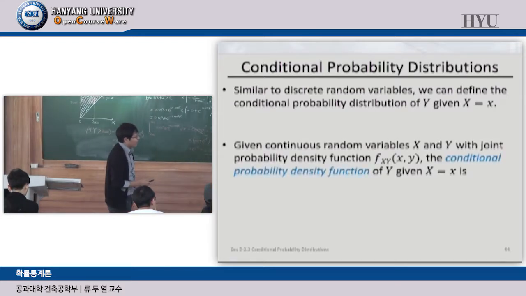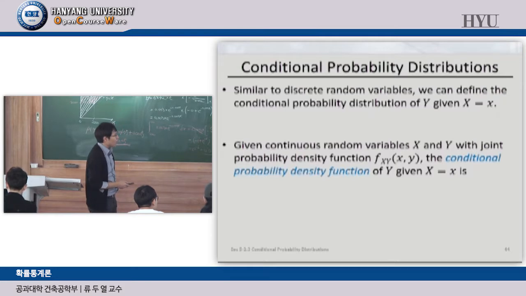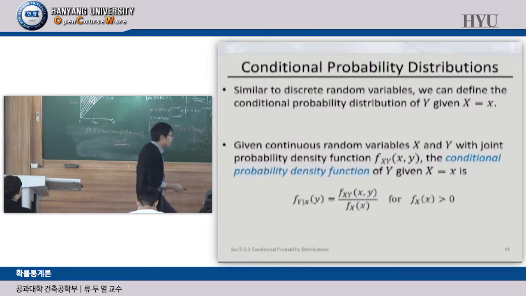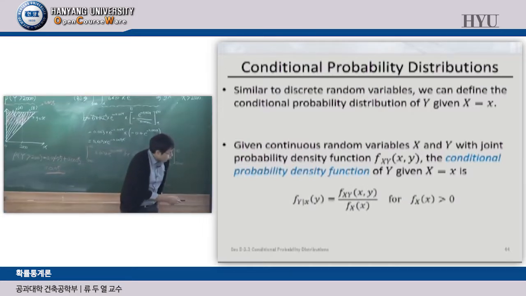Given the continuous random variables x and y with joint probability density function f_XY(x, y), the conditional probability density function of y given x is expressed by this equation. And we have already learned about this. This is the conditional probability of y given x, right? And this should be equal to the joint probability density function over the marginal probability density function of x, okay?